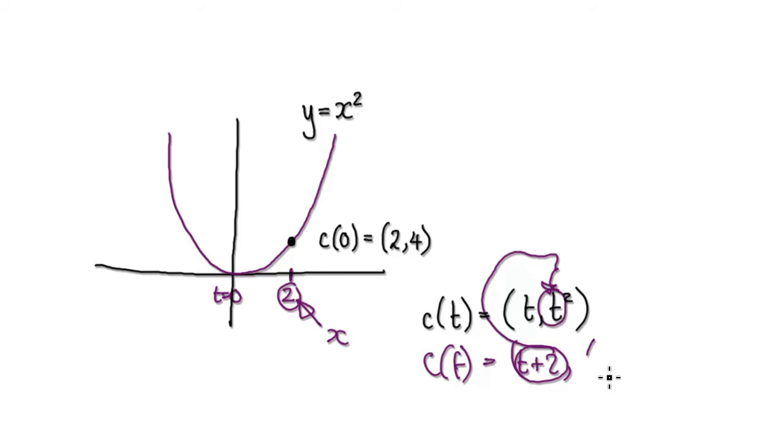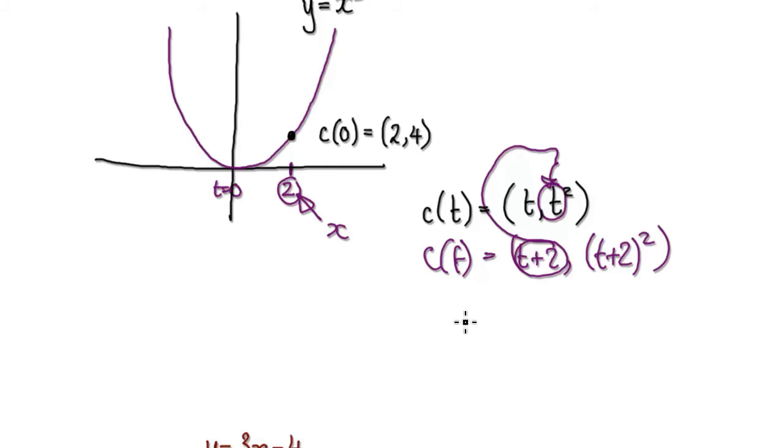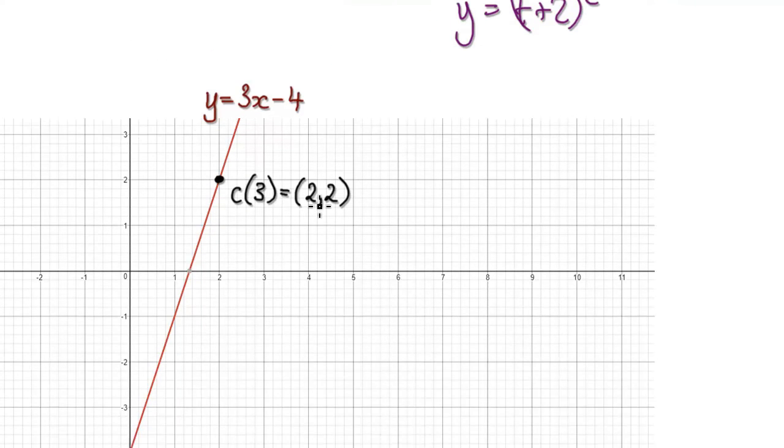So that will then be t plus 2 squared. So your parametric equations will be x equals t plus 2, and y equals (t plus 2) squared. Well, let me give you a more challenging example.